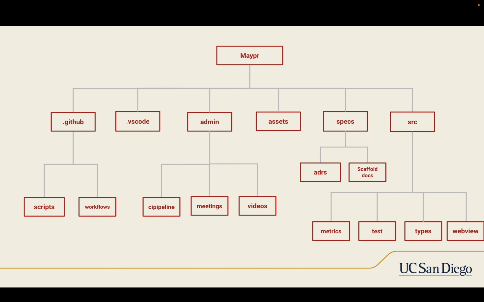Once you compile the code, the JavaScript output goes into the out folder. There are also other files that sit at the root like package.json, tsconfig, and linting configs, which define the build system and tooling. So this is a high level map of the repo before we dive deeper into the architecture.